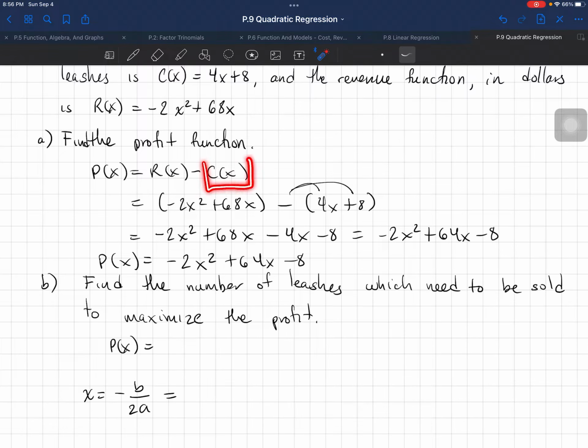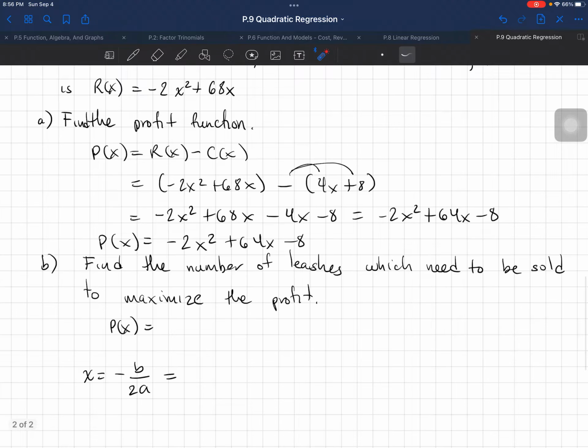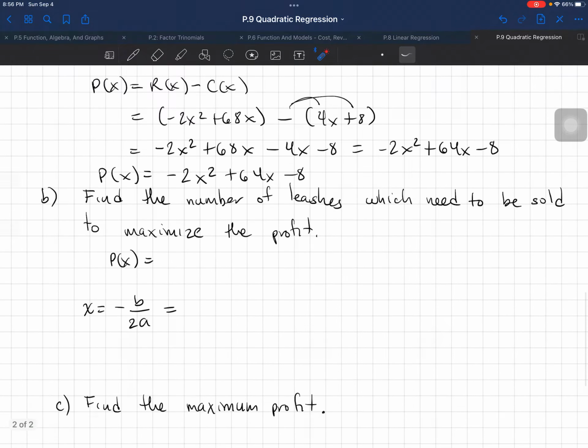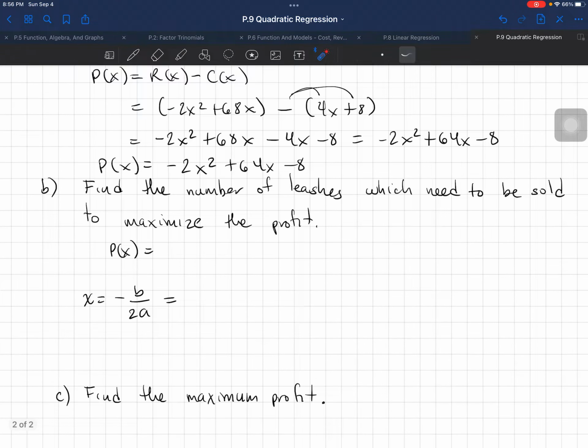It's also the same thing for uppercase C of x. That's denoted as cost. And uppercase P is profit. There's a little actual letter we're going to use, lowercase p, to represent price, so it's important for us to distinguish. So be consistent. Every detail matters in mathematics, so that's part of the notation.